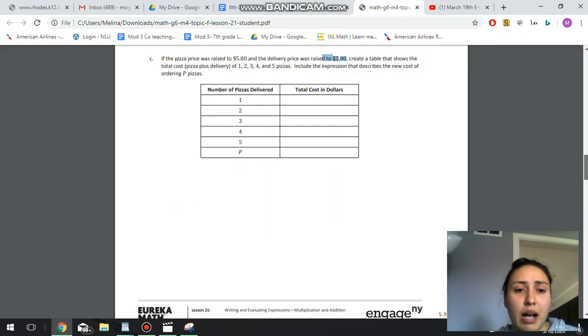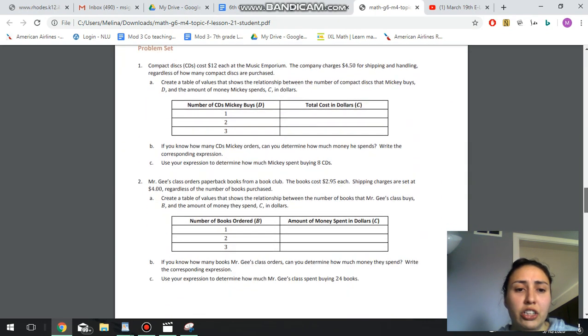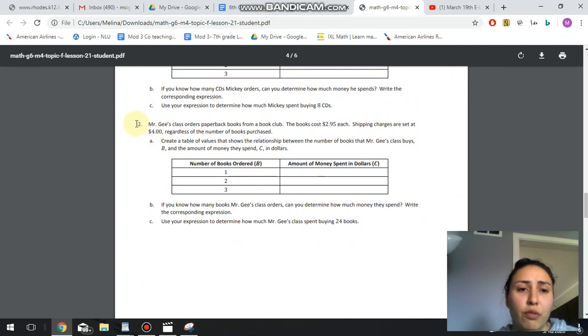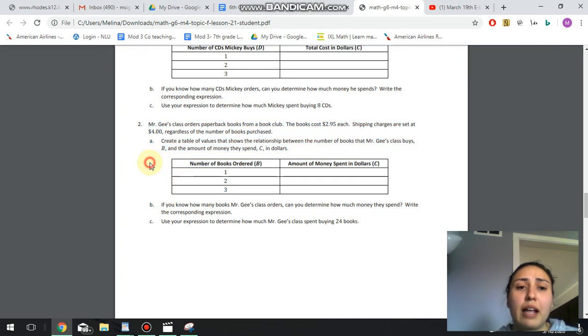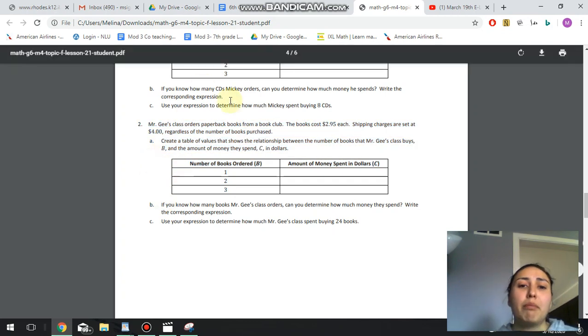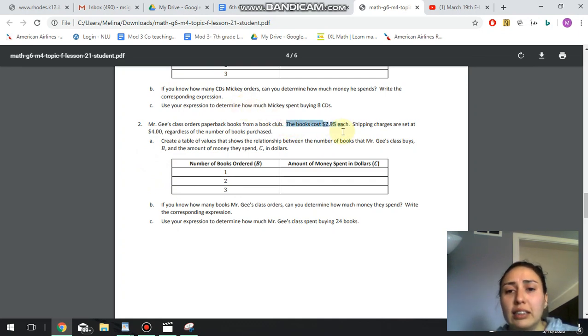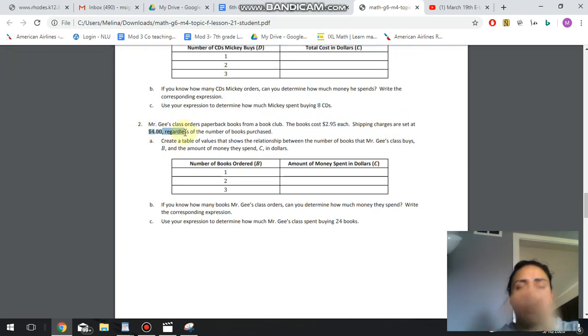Okay, here I'm on the problem set, same page, and you are responsible for 2A and B. So it's the same type of problem, except now Mr. G's in here buying paper books. The cost is here, and the shipping charge is now $4. So you're basically going to do the same steps. Make sure you line up your decimal points, you don't make silly mistakes, and you're going to make sure that you fill this in, okay, guys?